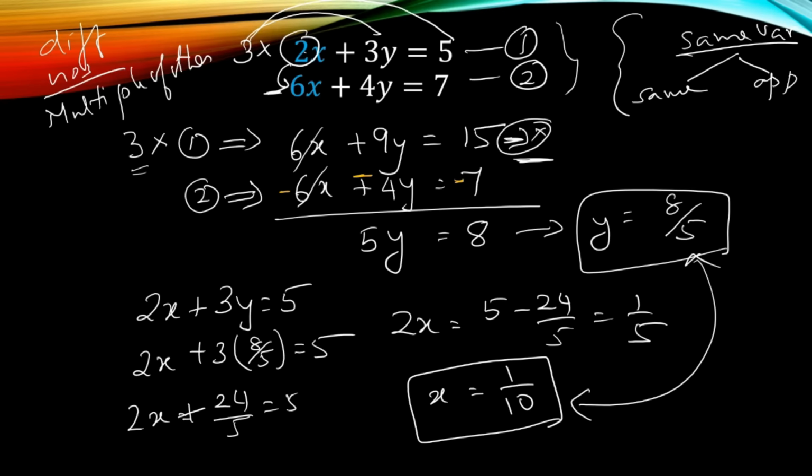You could have multiplied by 3 and you would have got minus 6x here, which will be same number opposite sign. Then instead of subtraction, you would have added the equations. So that's all it is. Just the idea is multiply the smaller number to get the bigger number and match the second equation either in this form or in this form.